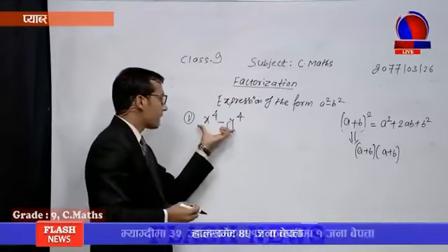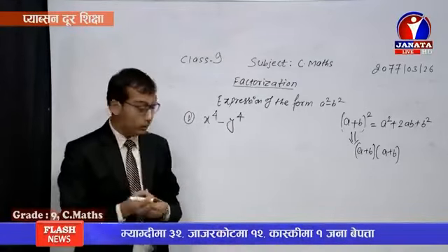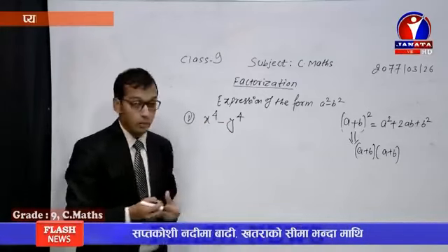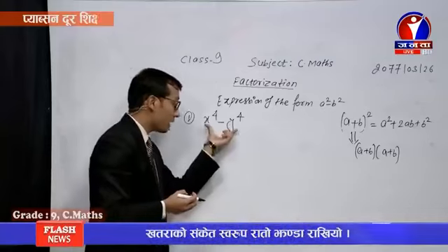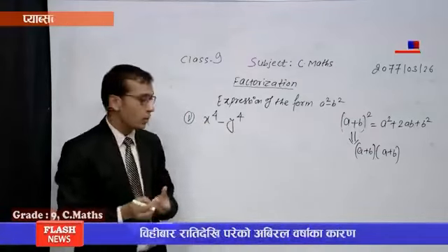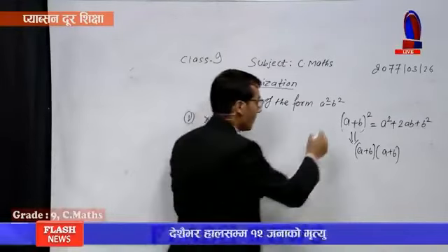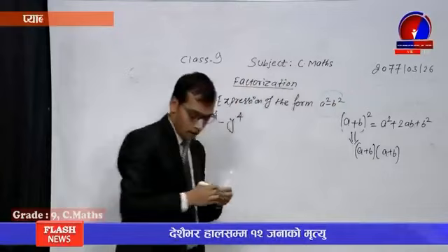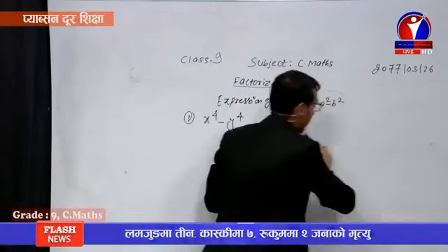So here I'm taking one expression: x to the power 4 minus y to the power 4. We can transform this expression into a square minus b square form for its factorization.